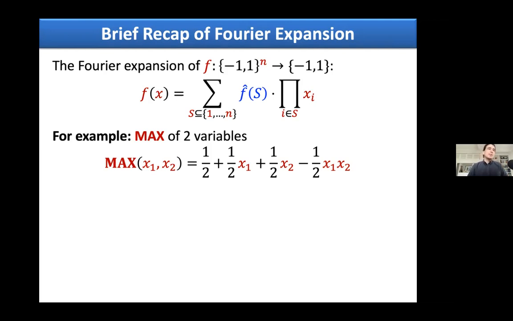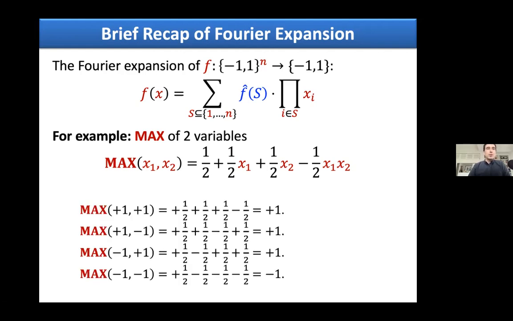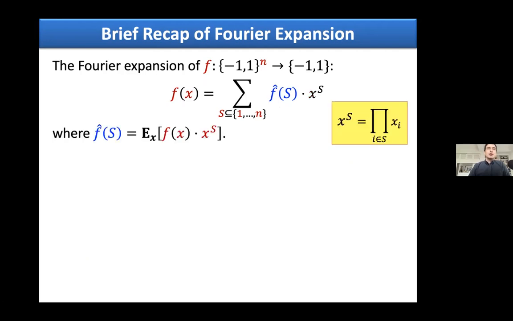So let's give an example. Let's say that you take the maximum of two variables, and I claim that as a polynomial, you can write it as the following polynomial, and you can check my claim: just assign all four possible values to the inputs and see that the value of the function agrees with the value of the polynomial. There are a lot of nice features about this representation.